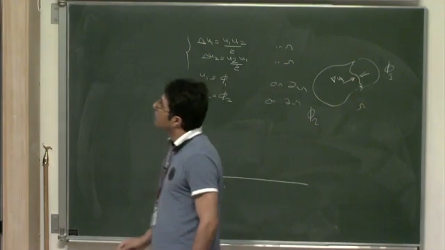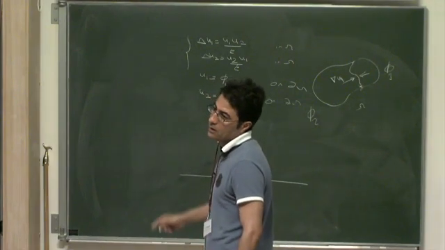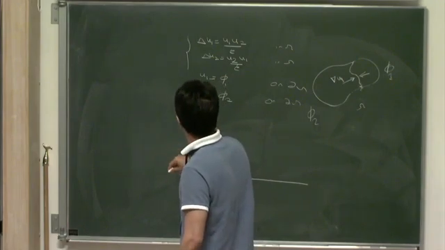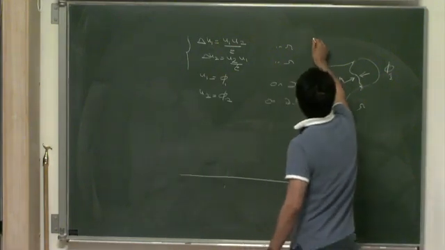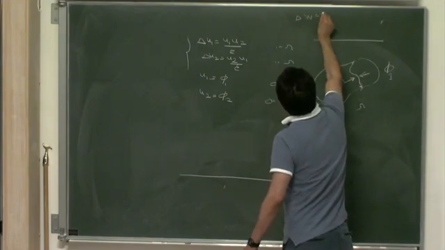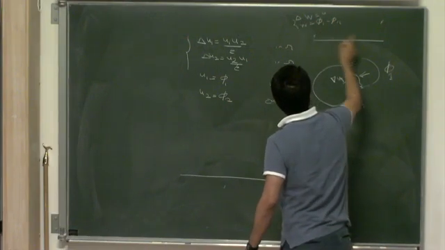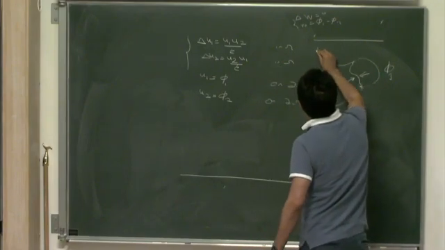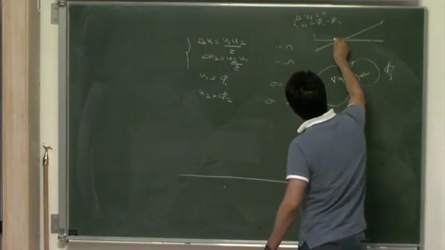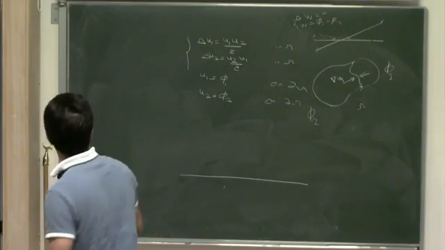I forgot to mention that in dimension 1 for this system, the difference u_1 minus u_2 is harmonic, and this is true for the epsilon problem. What does this mean in dimension 1? If I have these two boundary values, I connect them with a line, and if I reflect one of them, this angle equals this angle. So this is the free boundary condition in dimension 1 for this system.